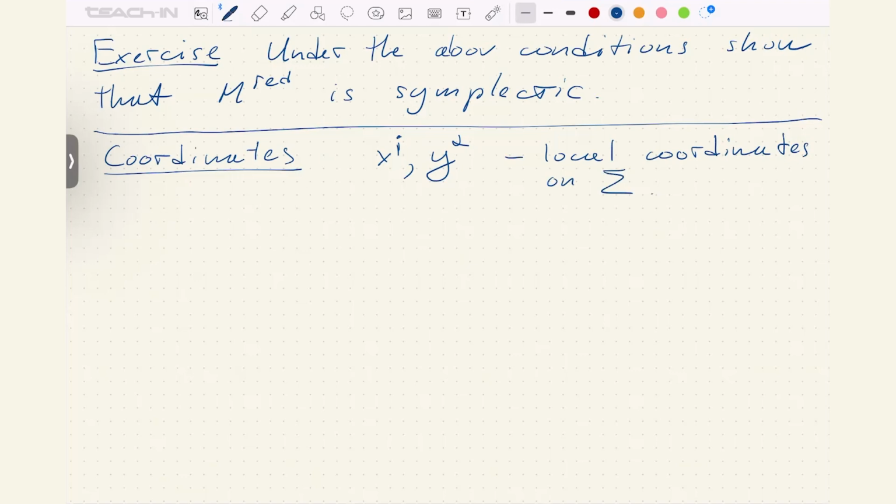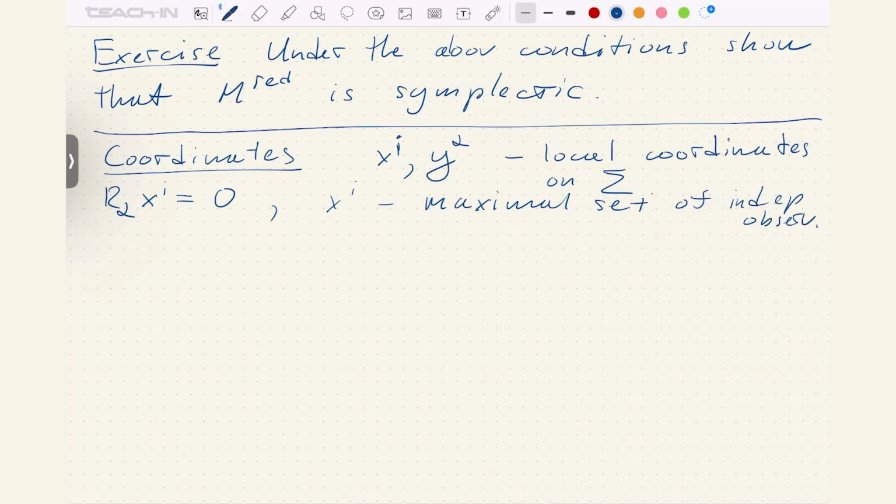Okay, and let me remind you that xi by assumption are observables, so R alpha acting on xi is 0, and they form a maximal set of independent observables.